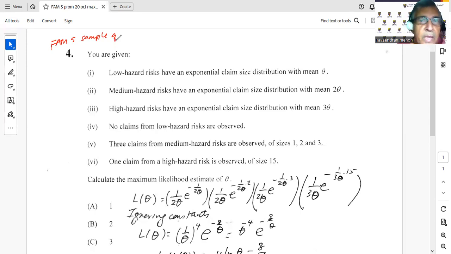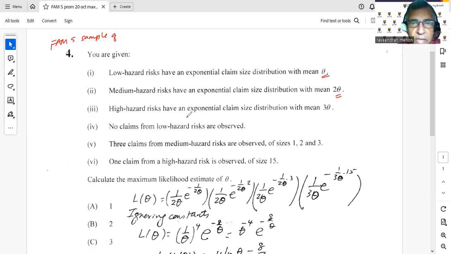Let's start. Question number 4: we are given low hazard risks have an exponential claim size distribution with mean theta. Medium hazard risks have an exponential claim size distribution with mean 2 theta. So let's take note of that: theta, 2 theta.